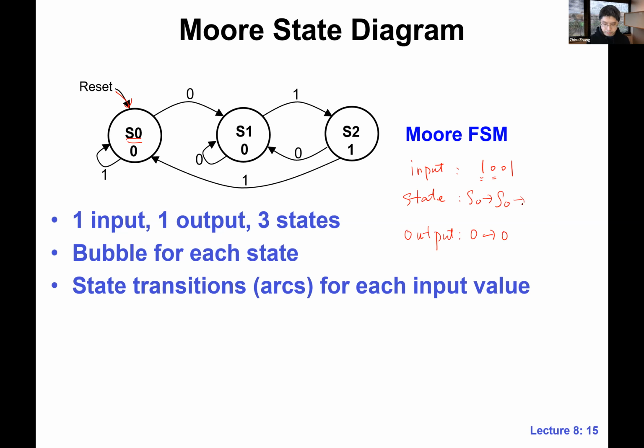So where do we go? S1, and we continue to output 0. Another 0, S1 again, also output 0. Now we are seeing this 1, the last one in the sequence. So we go from S1 to S2, and we output 1.